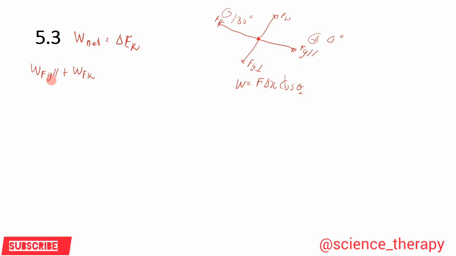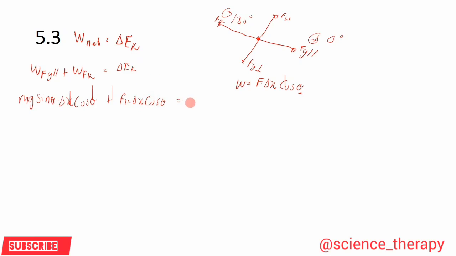In this case we have Fg parallel, and we know Fg parallel can be written as mg sin theta, and then we put our displacement delta x, then we have cos theta. Then what is the work done by fk? The work done by fk is fk delta x cos theta.